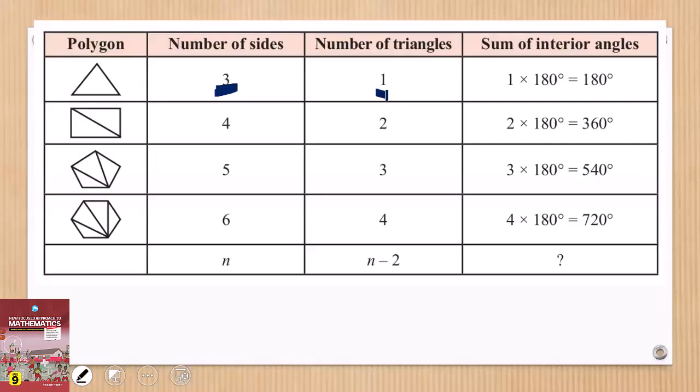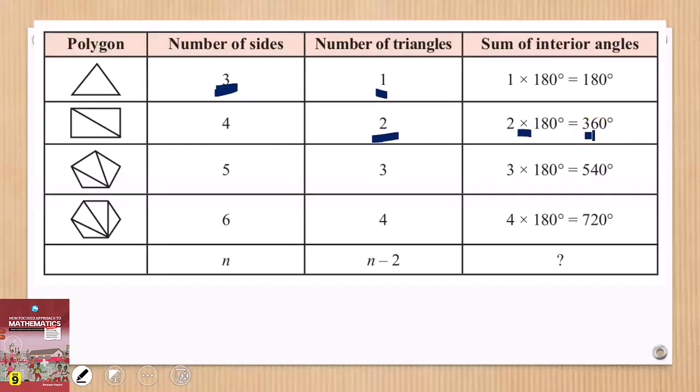If we have a quadrilateral, that is a 4-sided figure, we can create 2 triangles within it, and that's what we have here. If each of them has interior angles summing to 180, we get 2 times 180, which is 360.